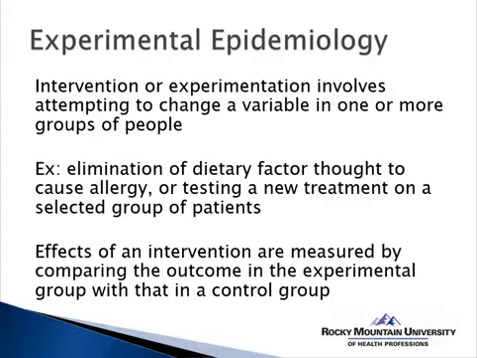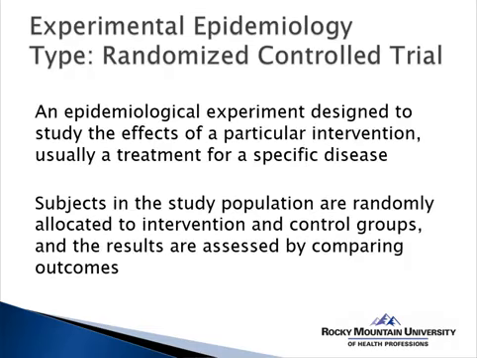With an experimental epidemiologic study, an intervention or experimentation involves attempting to change a variable in one or more groups of people. For example, elimination of a dietary factor thought to cause allergy, or testing a new treatment on a selected group of patients. Effects of an intervention are measured by comparing the outcome in the experimental group with that in the control group.